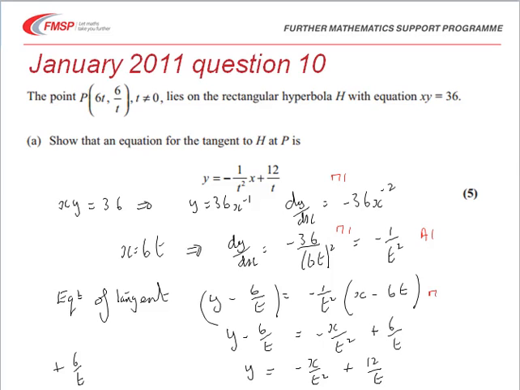In the second part of this we get a method mark for correctly using the equation of a straight line to find the tangent, and then an A mark at the end for getting the correct answer. This is what's called a correct solution only. You're told the answer in the question, and therefore you must make sure that your working is entirely correct to get that final A mark.